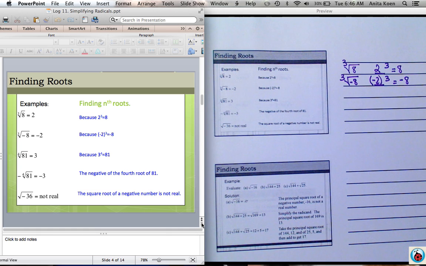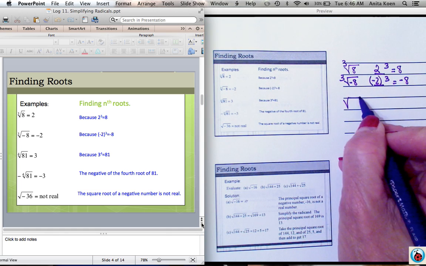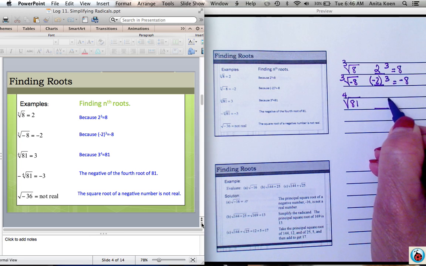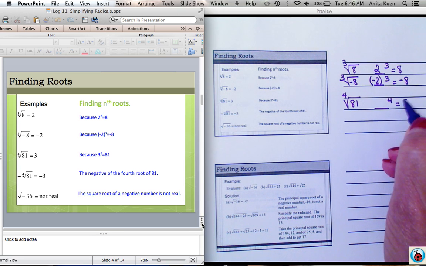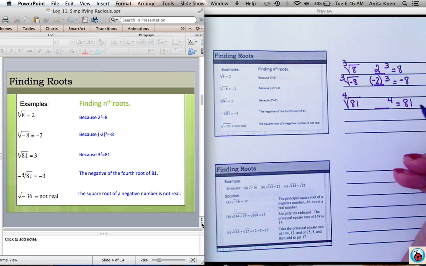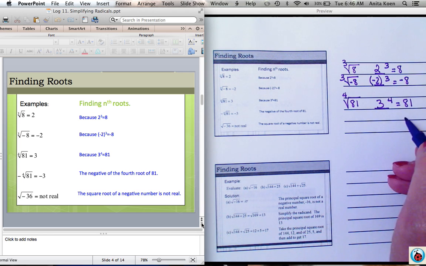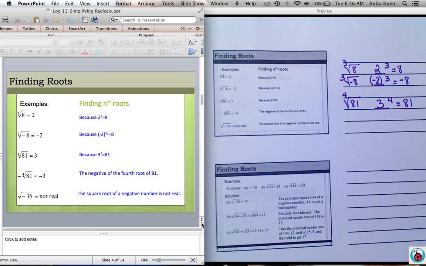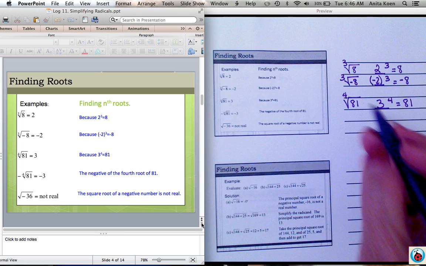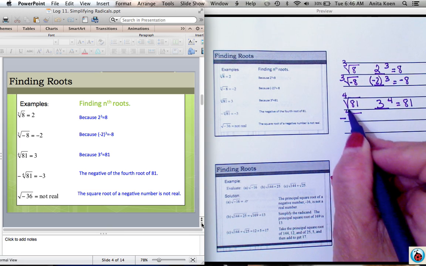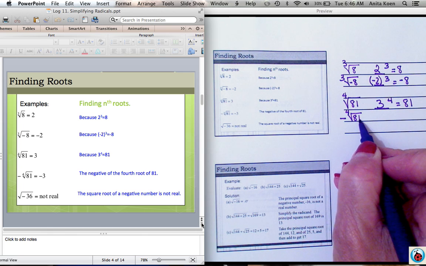The fourth root of 81. It's asking me what number raised to the fourth power is equal to 81. Well, that number would be 3, because 3 times 3 times 3 times 3 is 81. The next notation is the opposite of the fourth root of 81.